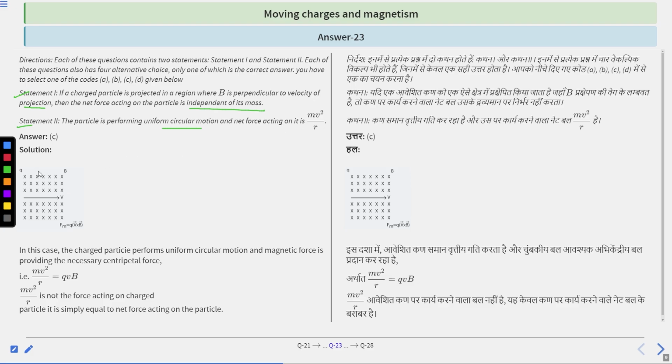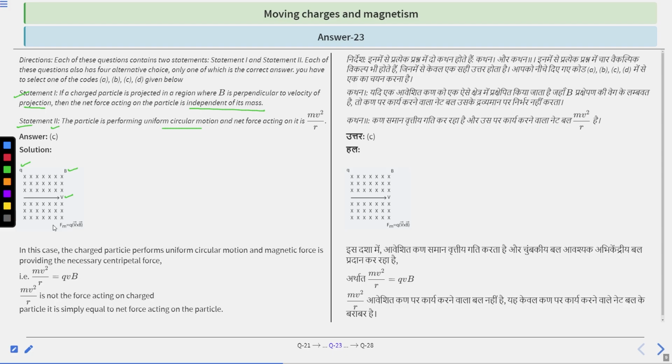So suppose a charged particle Q is projected in a region of magnetic field B, having velocity V according to the question. Clear? So when this charged particle is moving with velocity V, then a force is acting, Fm is equal to Q V cross B. Clear?